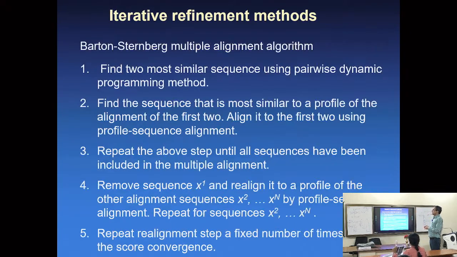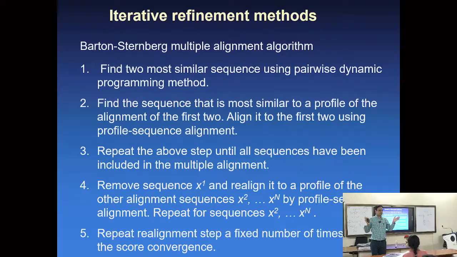And here is a method that uses iterative refinement, called the Barton-Sternberg multiple alignment algorithm. The first step is to find the two most similar sequences using a dynamic programming algorithm, the Needleman-Wunsch global alignment algorithm, and put them next to each other.